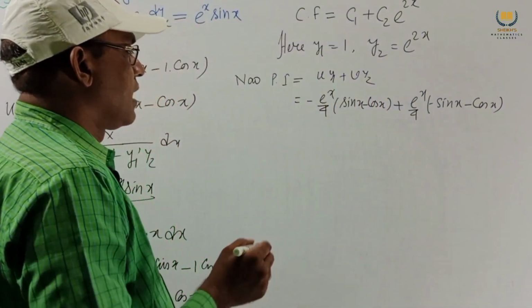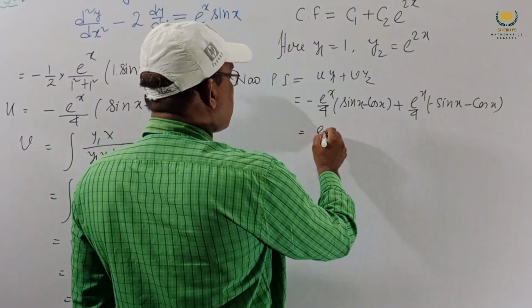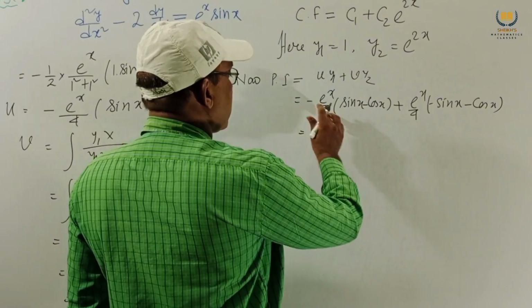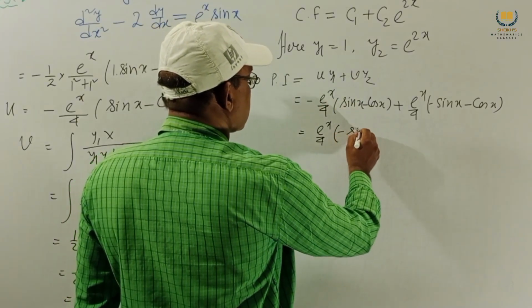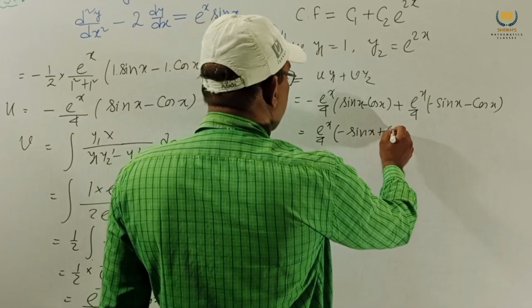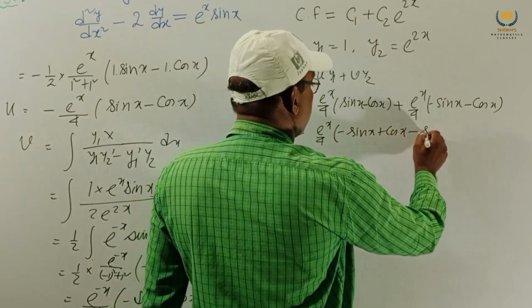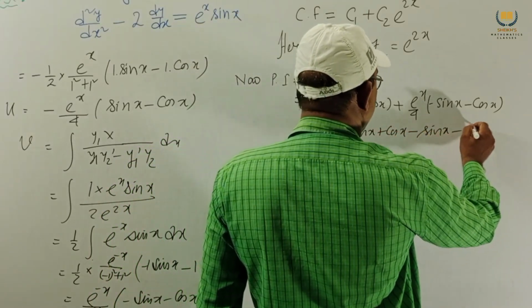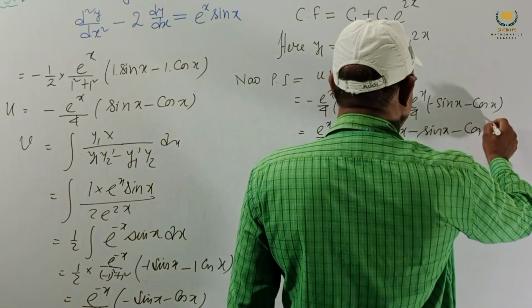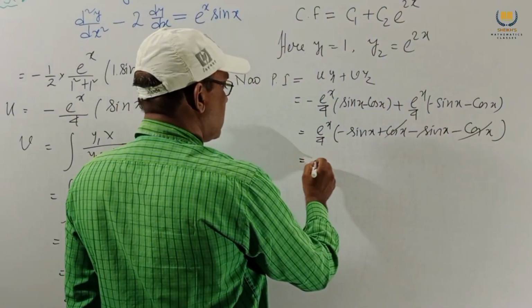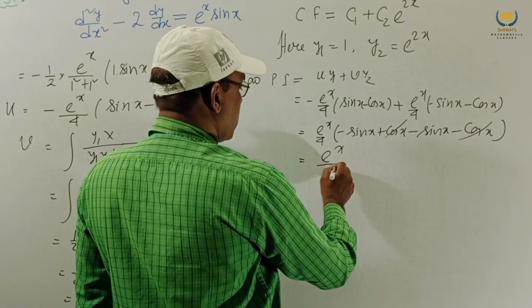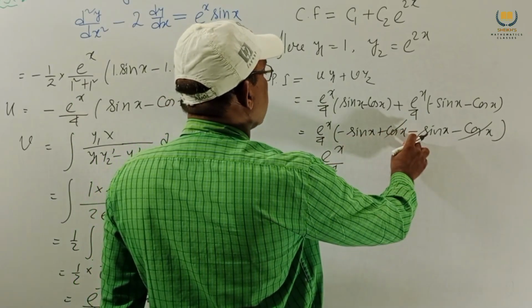Taking e to the power x by 4 common, we get minus sin x plus cos x minus sin x minus cos x. The cos terms cancel, leaving e to the power x by 4.